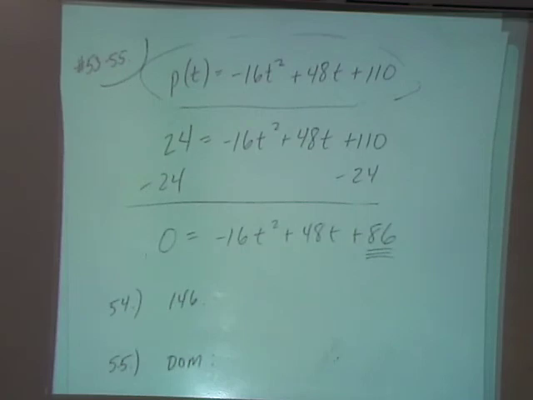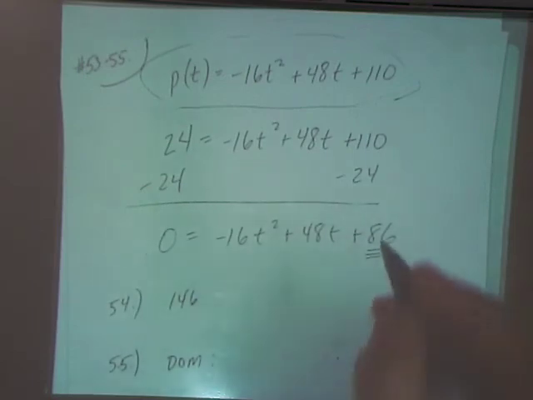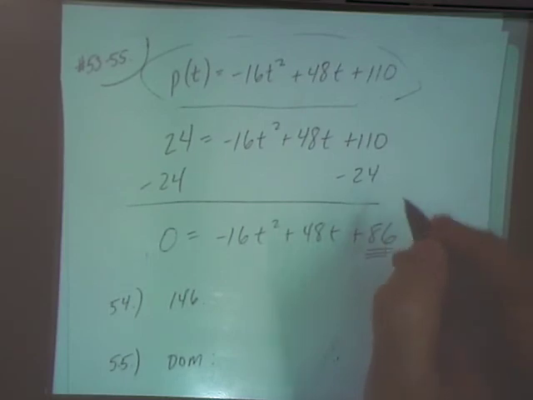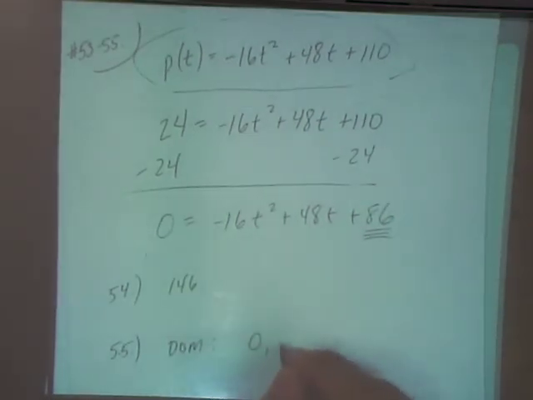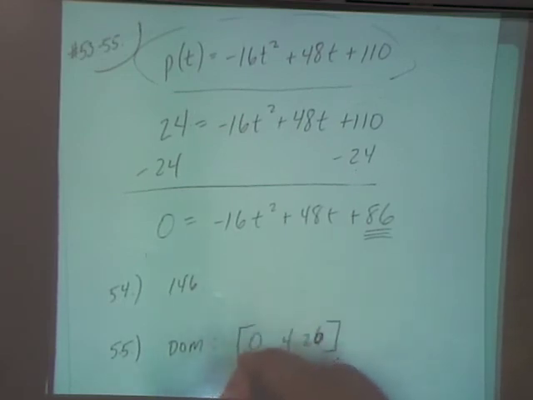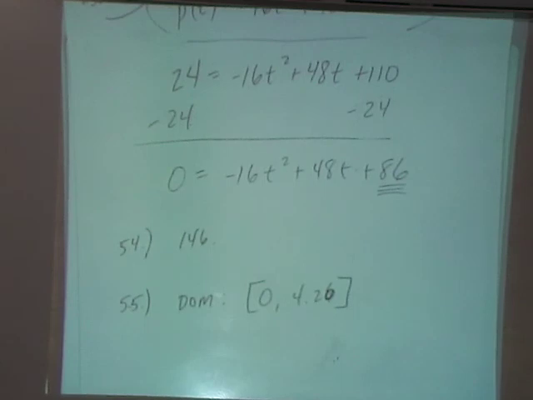No, that was 1.26 seconds that hit the ground. No, it was the answer for 53, right? It's not 1.26. 4.26. Yes. And then what about the range? 0 to 146.